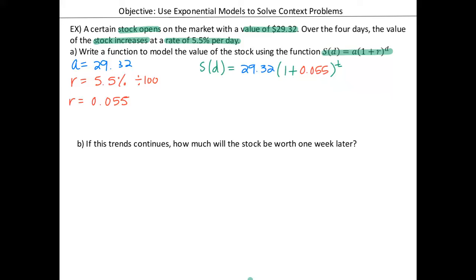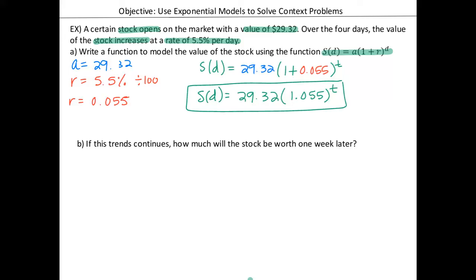And then just simplify what's inside the parentheses. So we have S of D equals $29.32 times 1 plus 0.055 is going to be 1.055 to the T power. And that's going to be my answer to part A.